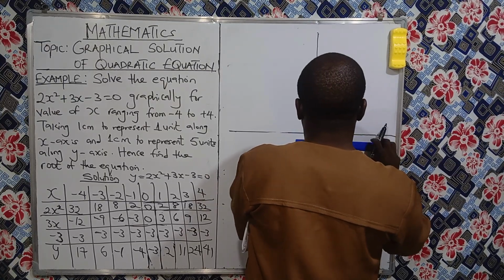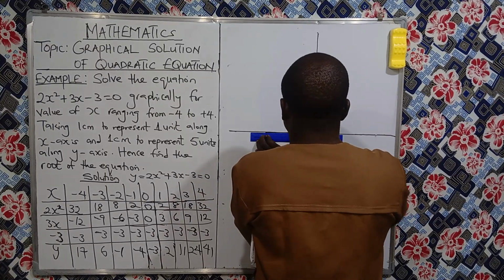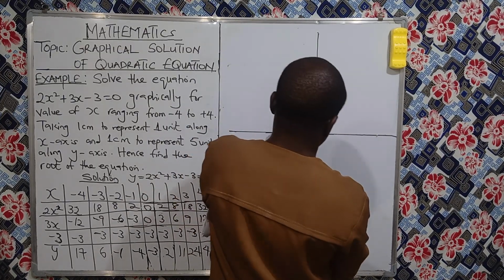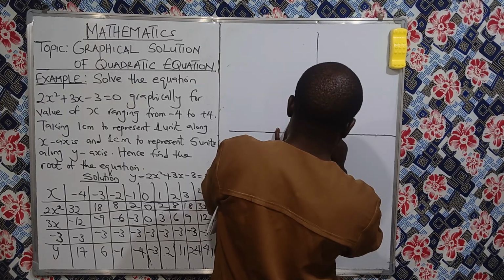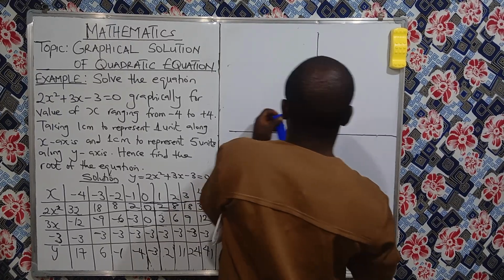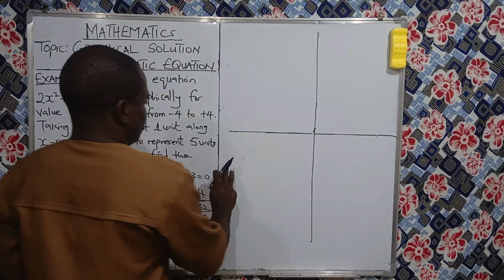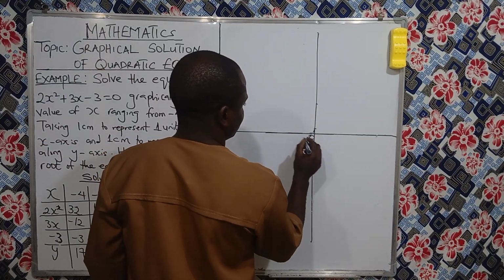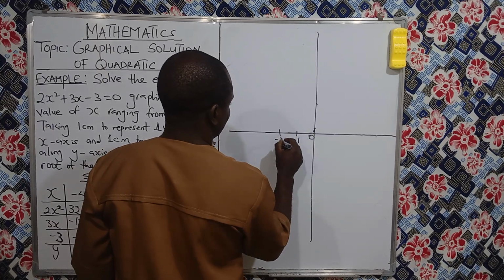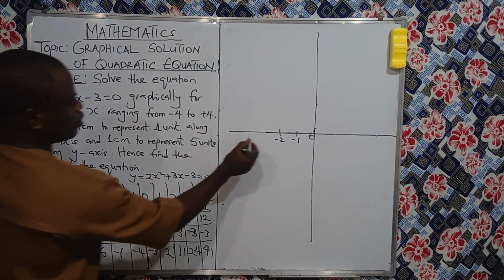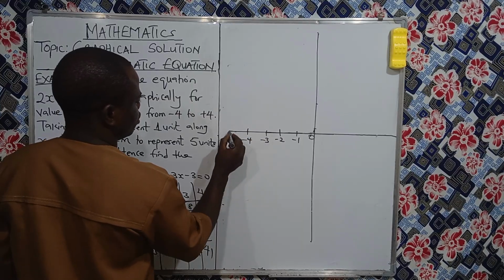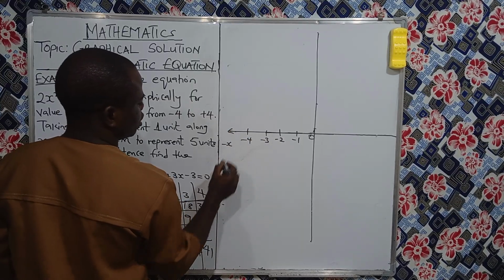Just have the idea. You have a 0 here. Minus 1, minus 2, minus 3, minus 4. This is the negative x axis.